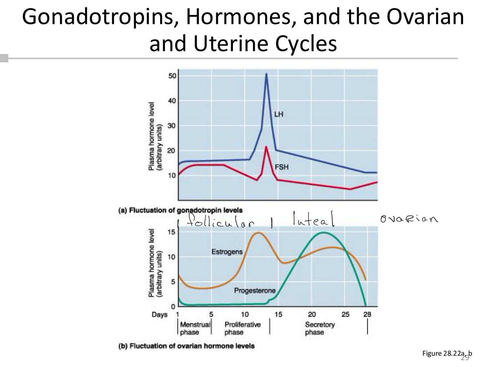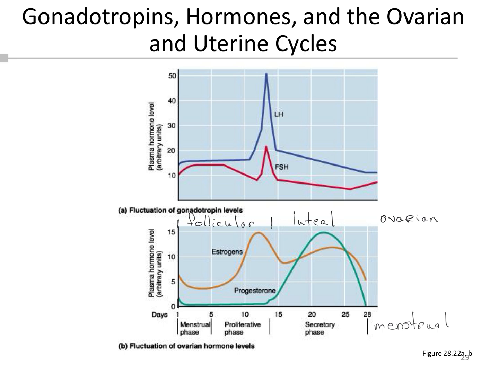Down here, we have the 3 phases of the menstrual cycle, or uterine cycle. Starting on day 1, the first day of the menstrual cycle, that's when menstruation starts.